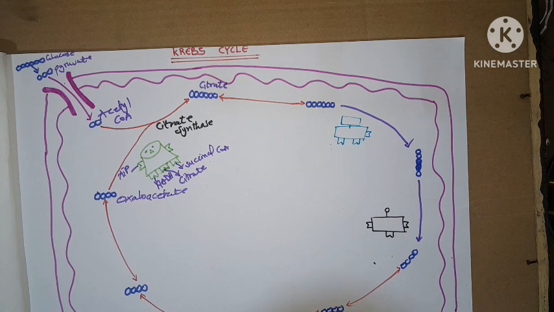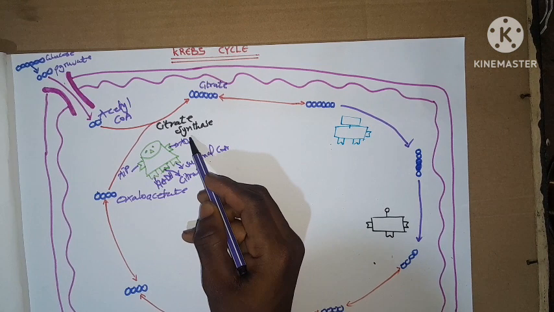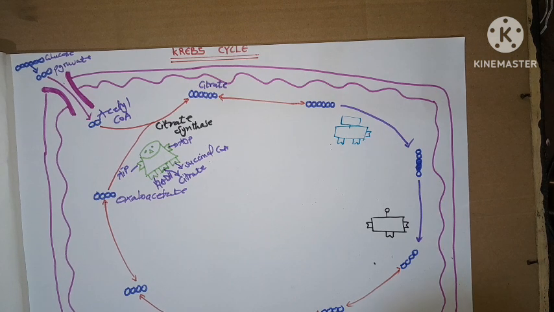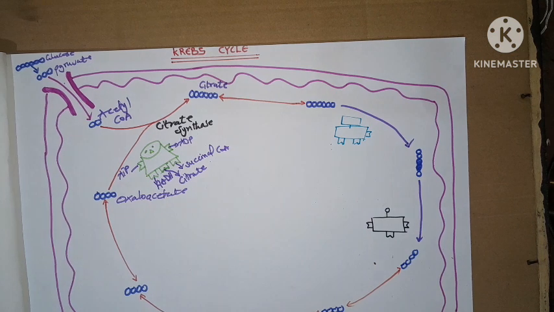Now, by this enzyme citrate synthase, acetyl-CoA and oxaloacetate will fuse together and then form a 6-carbon molecule known as citrate. This is citrate here.